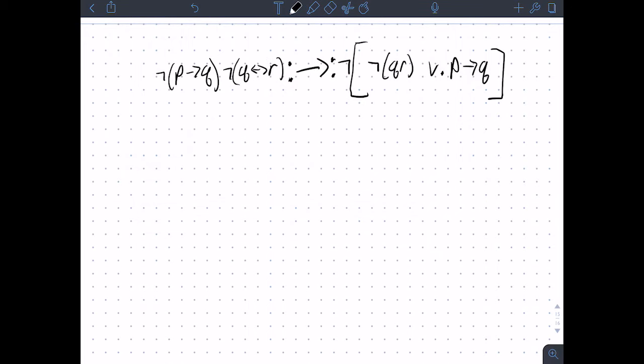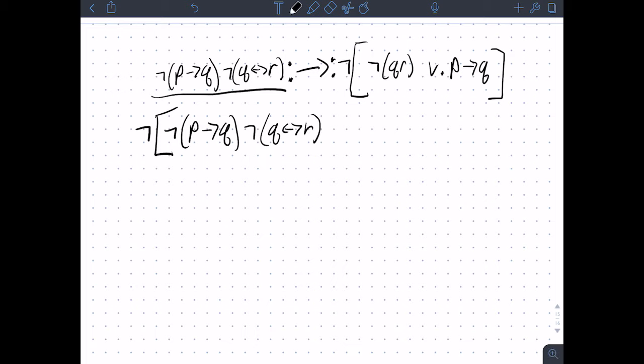So how I would do that is I'm going to negate the whole antecedent, and that means I'm going to have to put it in brackets like this. Right, and then we replace the conditional with an alternation. That's one way in which we eliminate conditionals, and the consequent stays the same.